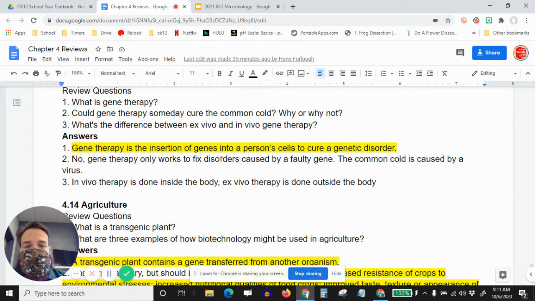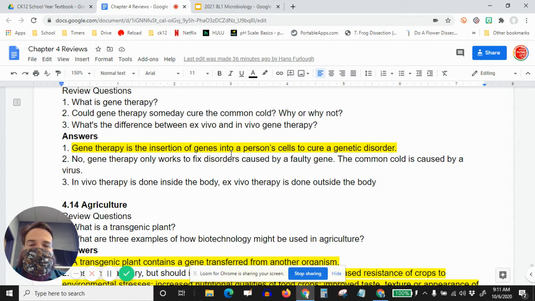Gene therapy is where you take the gene that a person is maybe missing, or maybe it doesn't work quite right. Like maybe someone who's born without the ability to make insulin. So then what you do is you insert that gene into their cells so that their cells can make insulin properly.